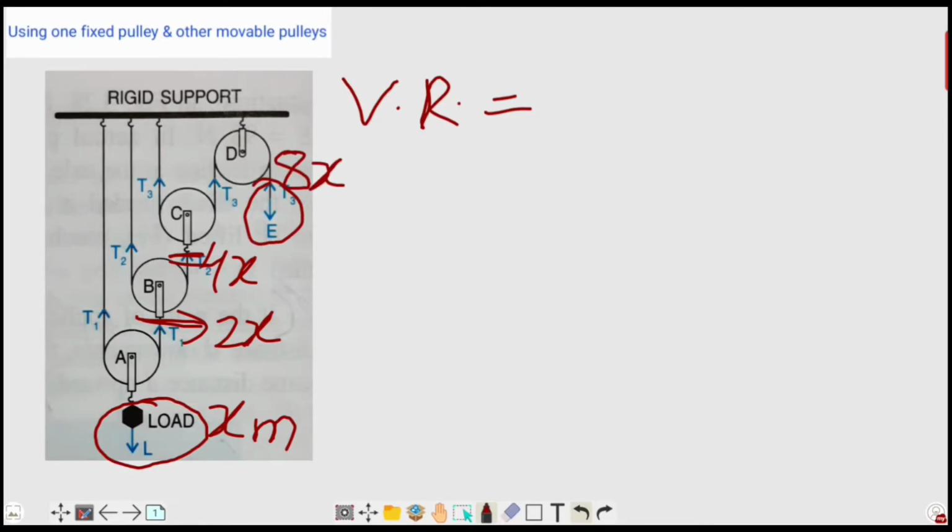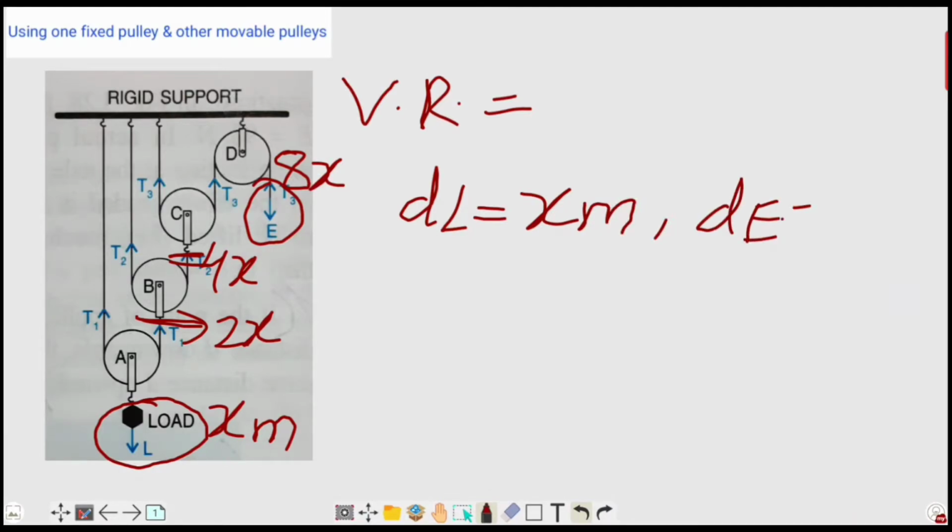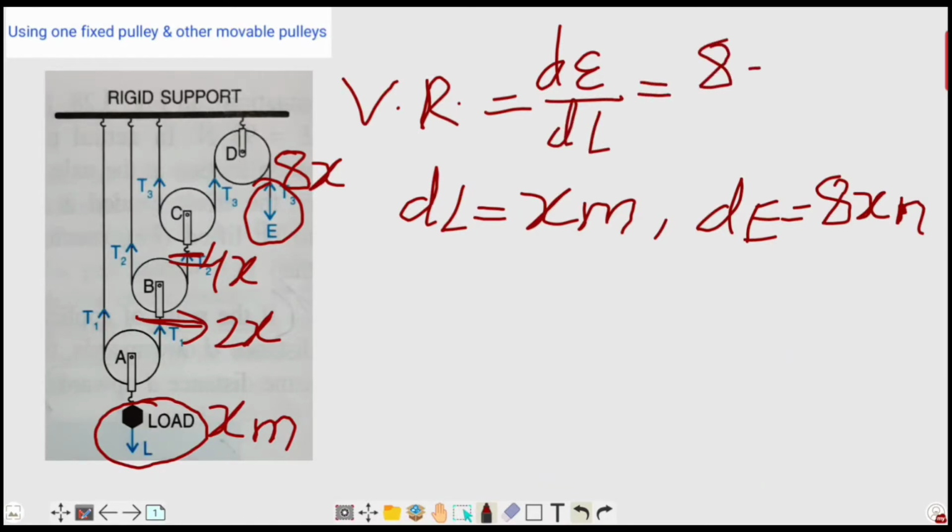So if my displacement of load is x meter, then my displacement of effort is 8x meter. And you know that it is displacement of effort upon displacement of load. So it will be 8x by x, that is 8. So you got 2 raised to 3.